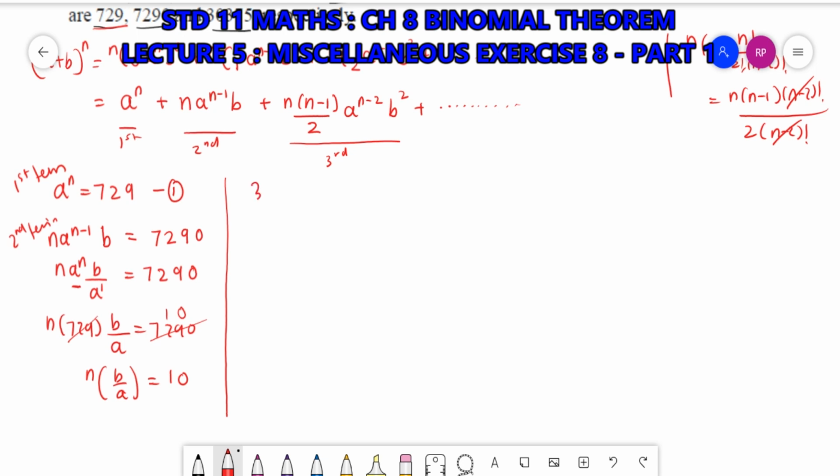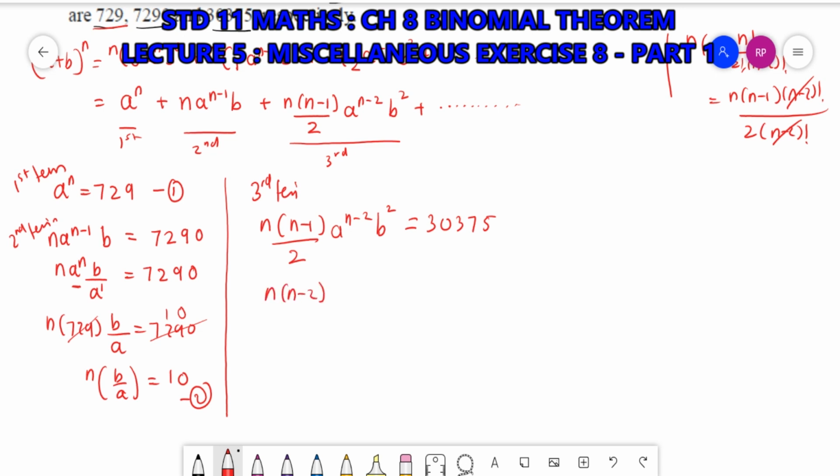Now for the third term, that is n(n minus 1) upon 2, a raised to n minus 2 b square, and this is equal to 30375. This is clearly given.